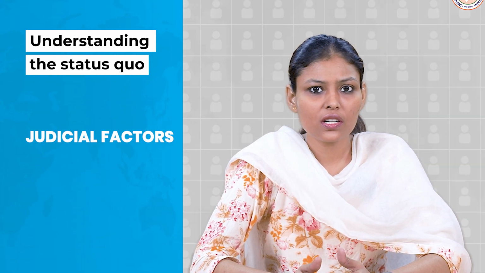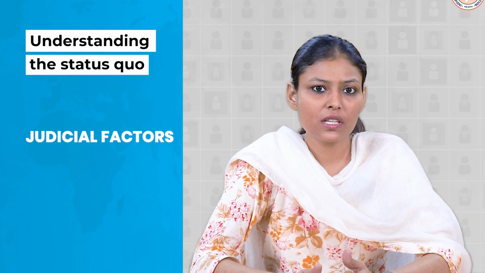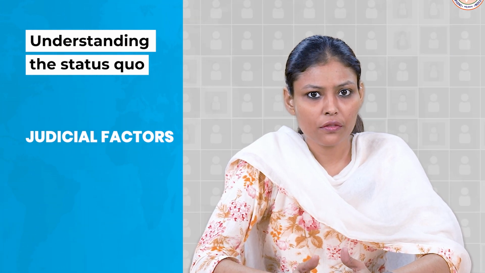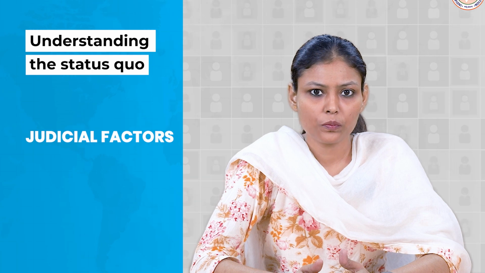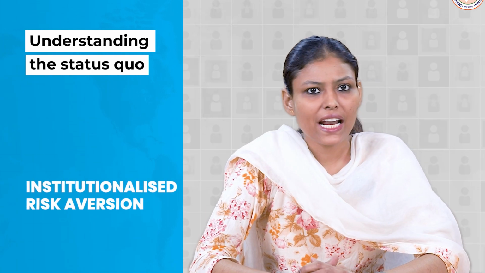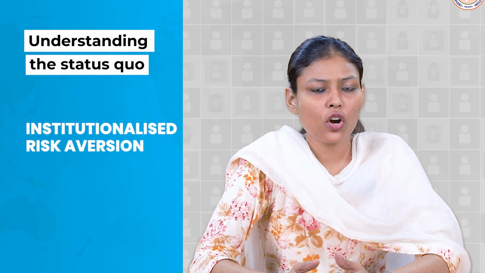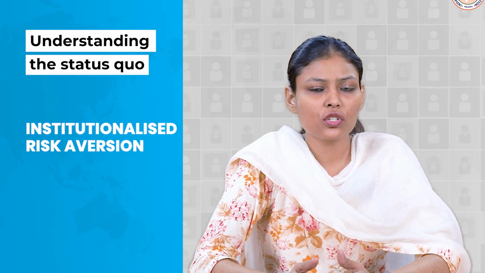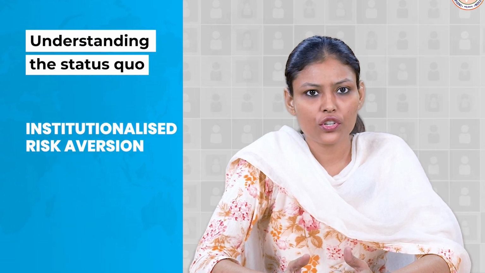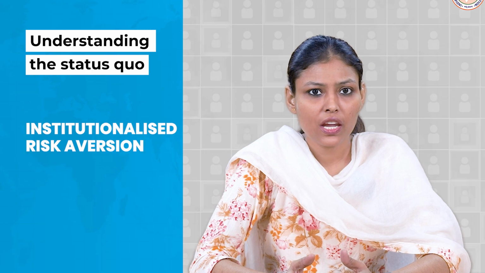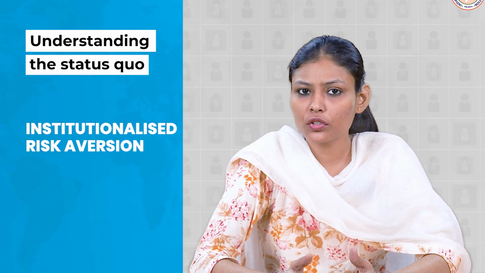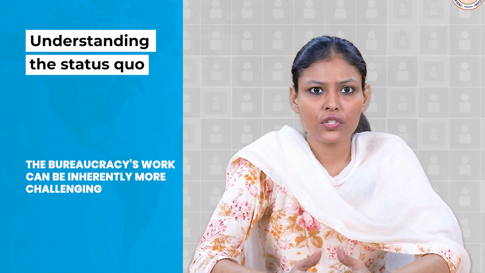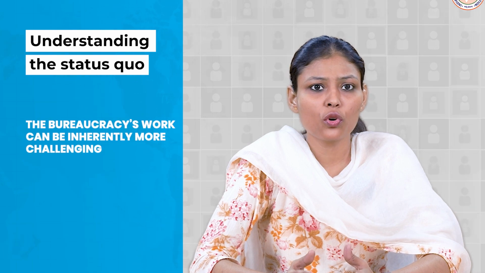This system works as a safeguard against the misconduct of administrative and political rules and procedures. Institutionalized risk aversion in bureaucracy leads to institutional incentives as rewards that are limited and depend on seniority, not on performance. The bureaucracy's work can be inherently more challenging.